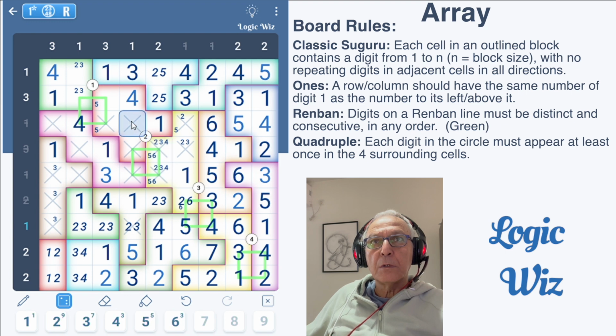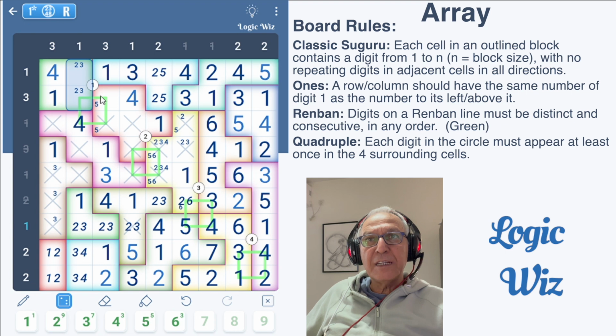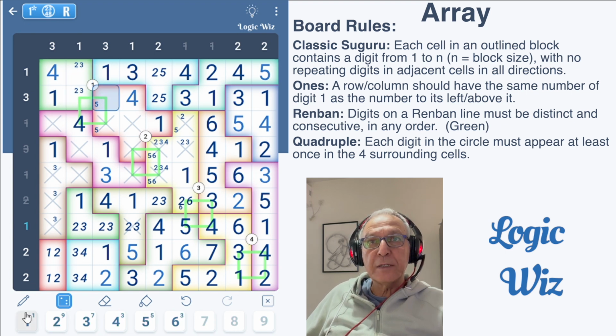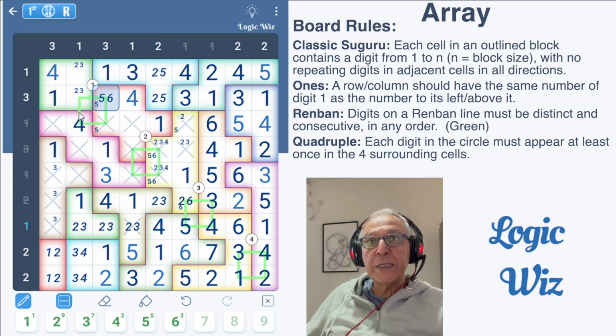Okay, in this cell, we cannot have 2 or 3. So what are the options here? The options here are 5 or 6. So now what are the options for this Renban? It can be 2, 3, 4, and 5. It can be 3, 4, 5, and 6.